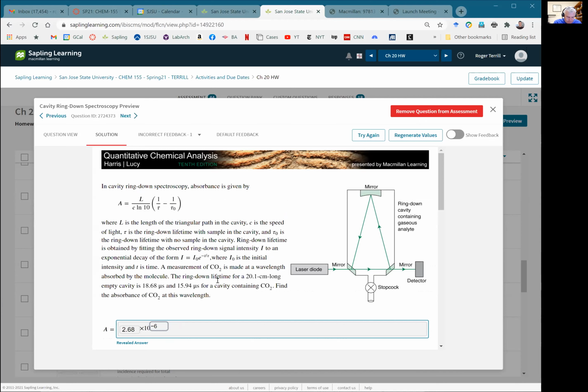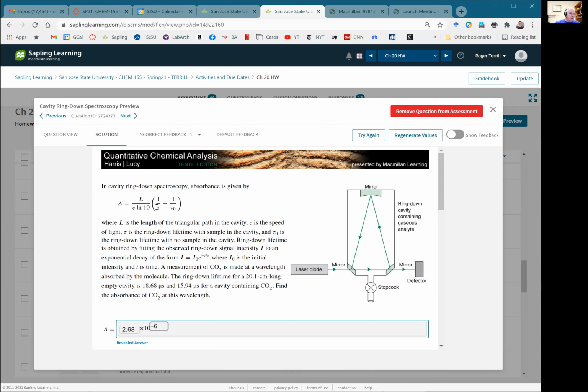So let me get my share fixed up here. So basically, they give you the equation here. For every laser pulse that comes out, you get a time constant for the decay, right?